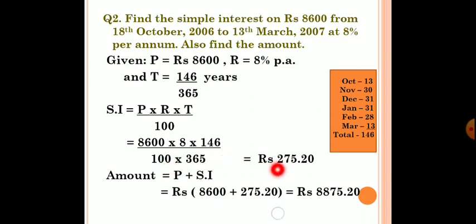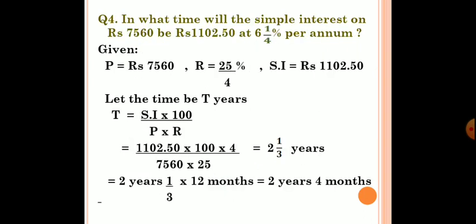Solving this, we get the answer as rupees 275.20, that is 275 rupees 20 paise. Now the amount is equal to principal plus simple interest, 8,600 plus 275.20, which is equal to rupees 8,875.20.